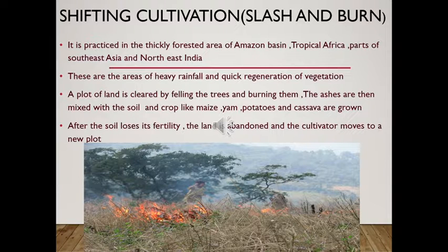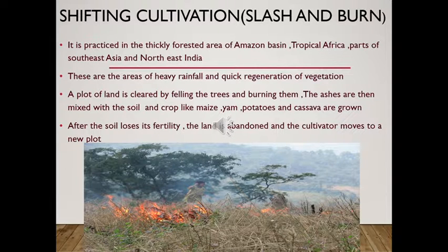Shifting cultivation. This is a traditional agriculture practice. Shifting cultivation is practiced in the thickly forested area of Amazon basin, tropical Africa, part of Southeast Asia and Northeast India.